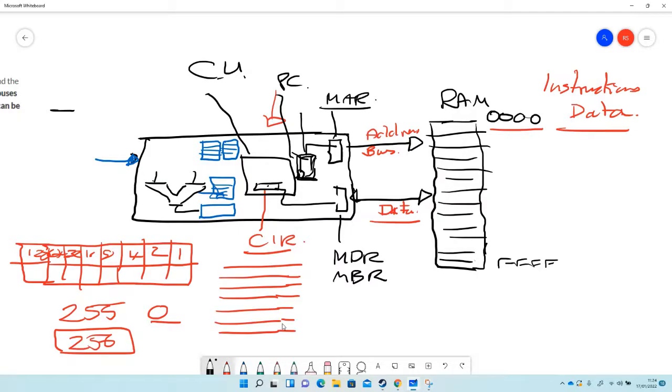So the other important bit on this side is the ALU, the arithmetic logic unit. ALU, and as the name suggests, it does all of the arithmetic, so adding essentially, and all of the logic, so comparing things. So if we can compare two numbers and decide if they're the same or not, or if one's bigger than another, or if one's smaller than another, etc., it does all of that comparison work.